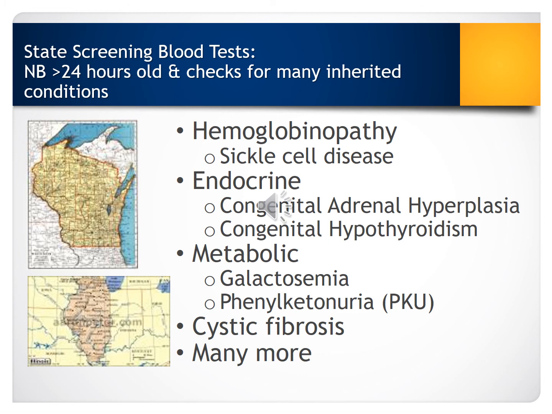For example, my children were born in Illinois, and when my youngest was born, we did get information back that she has the sickle cell trait because I have the trait. Again, my husband didn't, so she was not at risk for having sickle cell disease, but she has the trait.